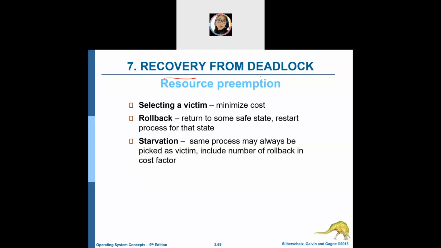So for recovery from deadlock, first we look into resource preemption, selecting victims to minimize cost. Roll back, return to some safe state, restart the process from that state. And starvation: the same process may always be picked as victim, so include the number of rollbacks in the cost factor.